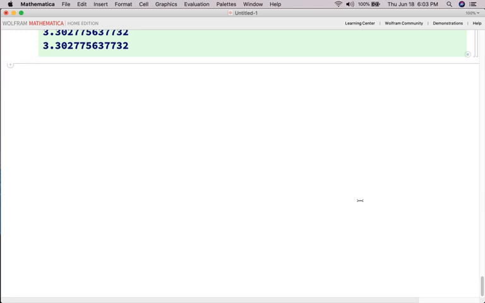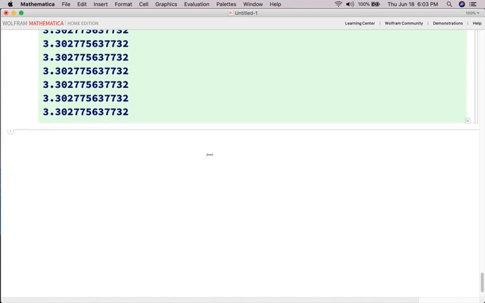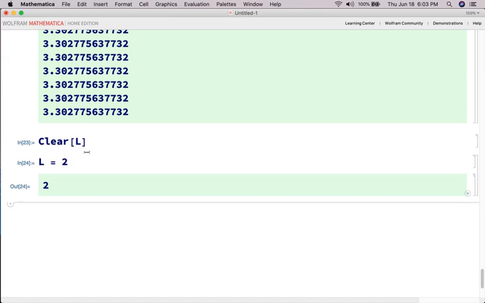Okay, so we can actually use the quadratic formula in this case, but let's not worry about it. I'm just going to use Mathematica's Solve command. First, I have to make sure to Clear L, just to make sure there isn't any value stored in L. If I do L equals 2, then what I'm about to show you is really not going to work.